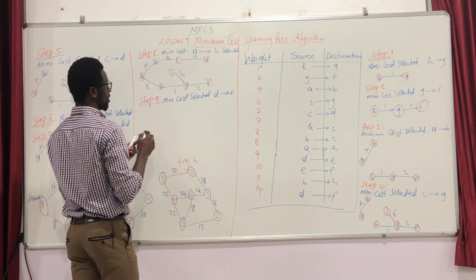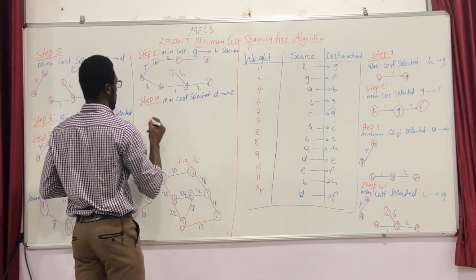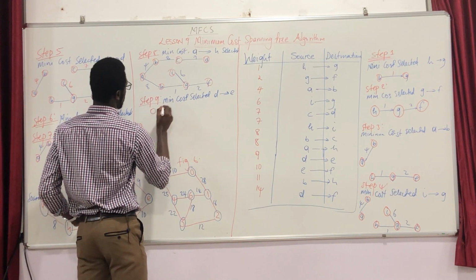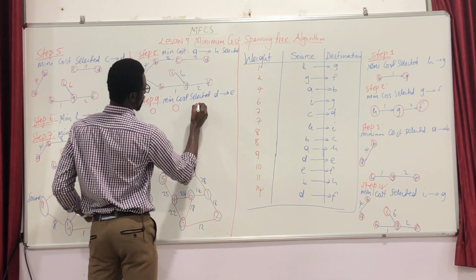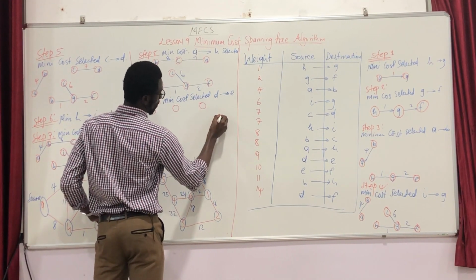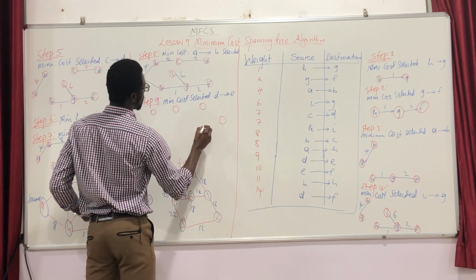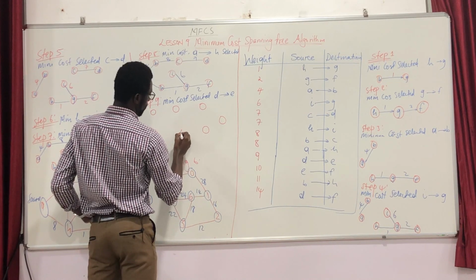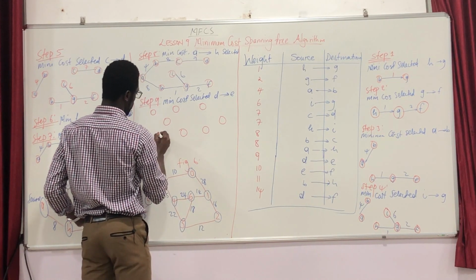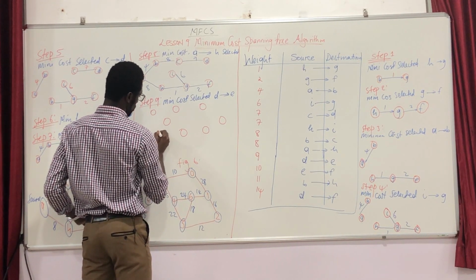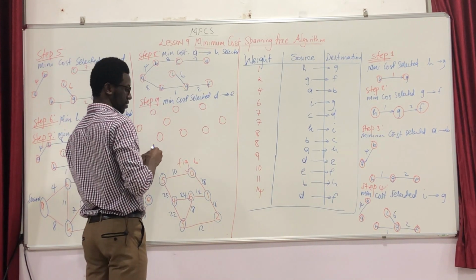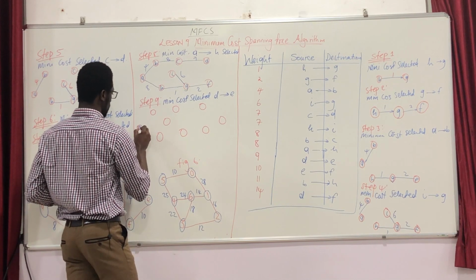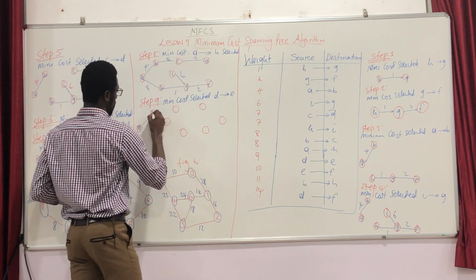So we'll start from A. I have here A, B, C, D, E. I have here F, G, I, and H. So select. This is A, B. Here is 4.